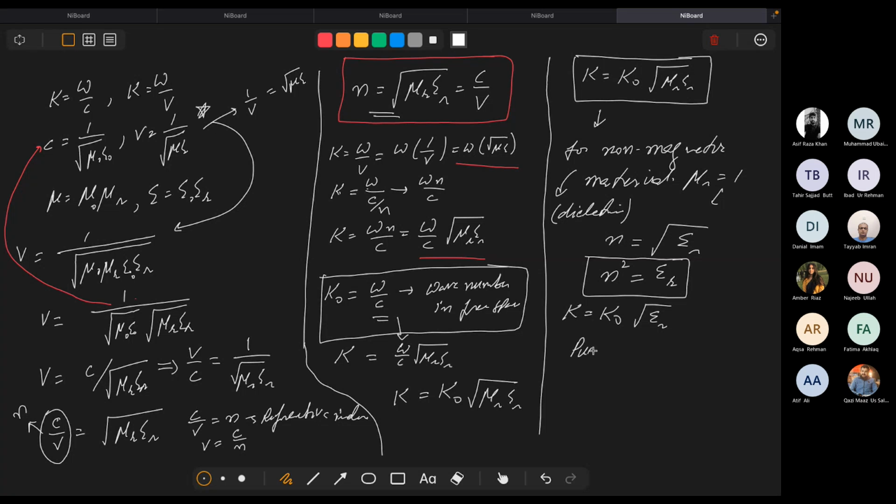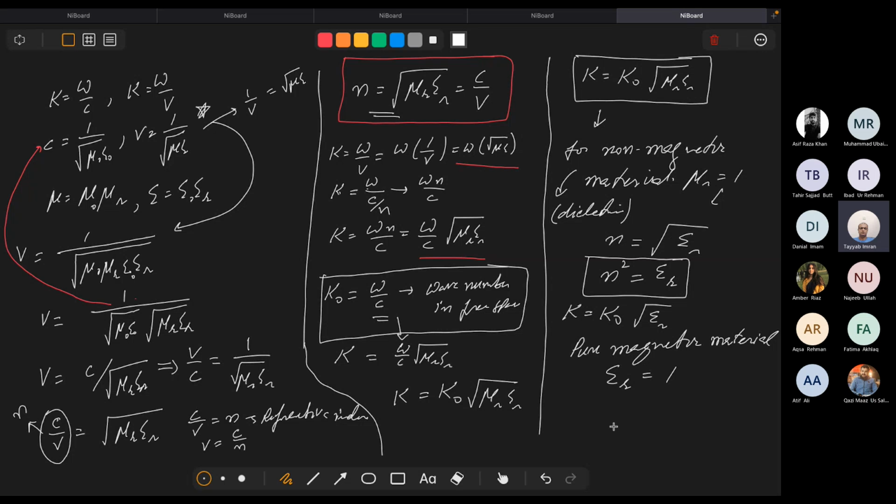So in this case this epsilon will be equal to 1.